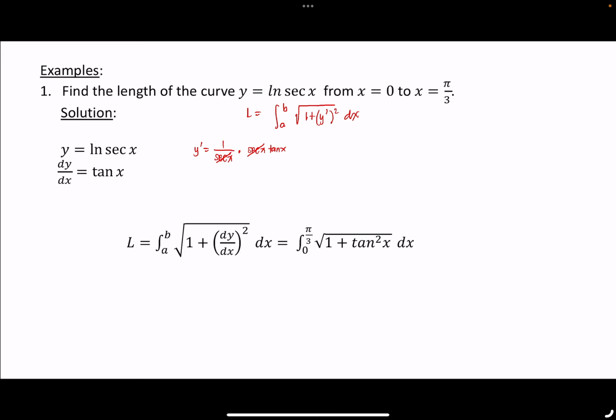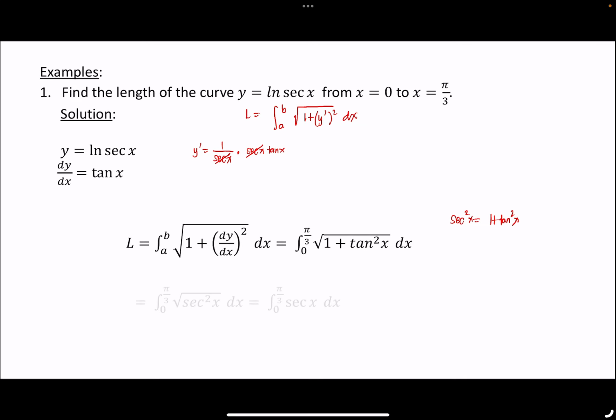But take note that secant squared x is equal to 1 plus tangent squared x. So therefore, we have the square root of secant squared x dx. And thus we have the integral of secant x dx from 0 to pi over 3.